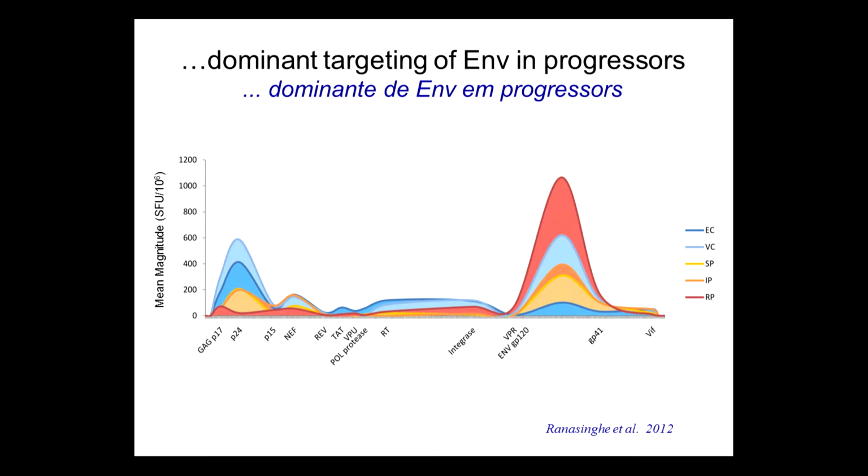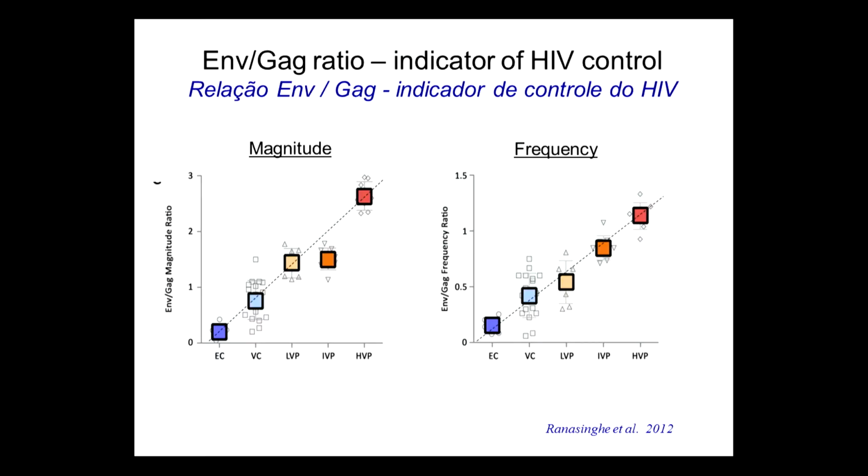Indeed, if you just look at the ratio of GAG versus envelope, so how much GAG is targeted versus envelope, we see that it's quite a good indicator of the level of control. Those that have high viremia have a very high envelope to GAG ratio, targeting envelope, not GAG, and the elite controllers have a low envelope to GAG ratio, targeting GAG.